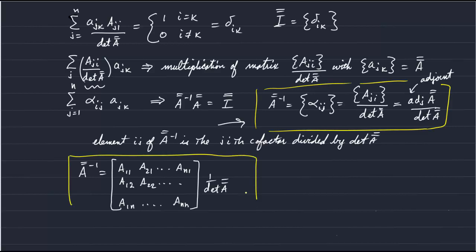So this is how you compute the inverse matrix. And let's look at an example. So if we have A equal to 1 and 2, minus 2 and 1, then we know we have to compute the determinant of A, and that turns out to be 5.